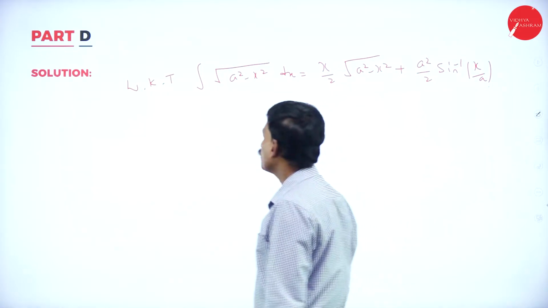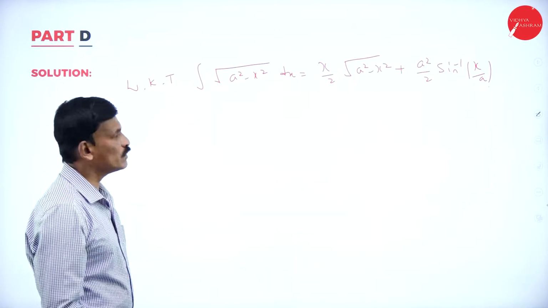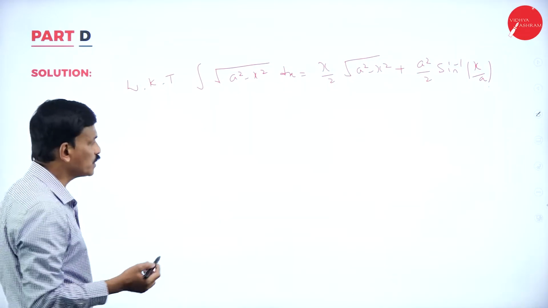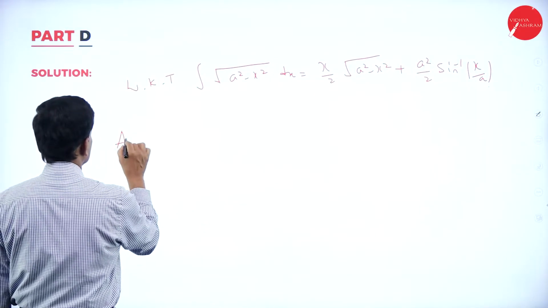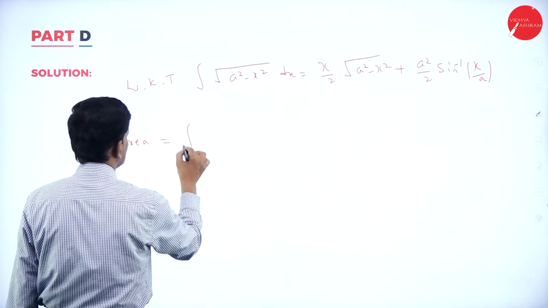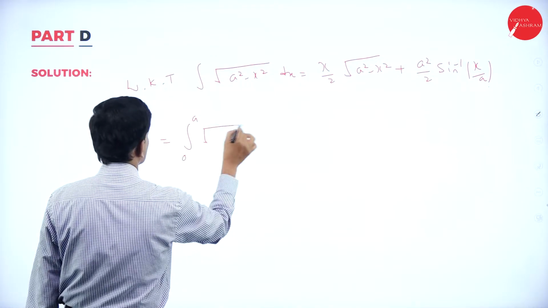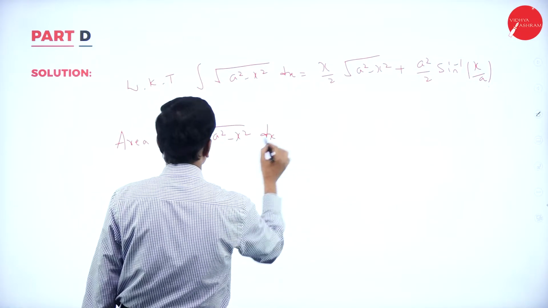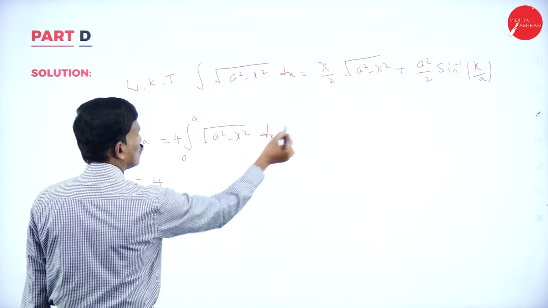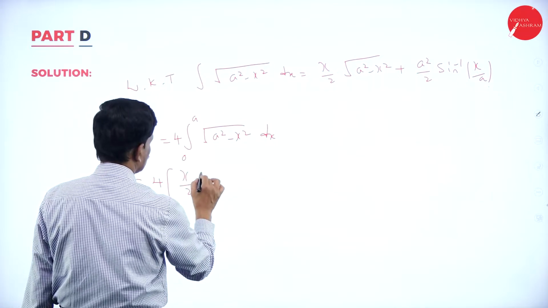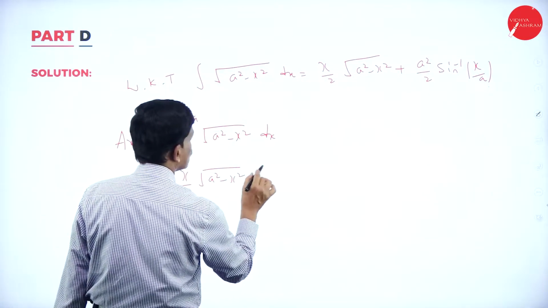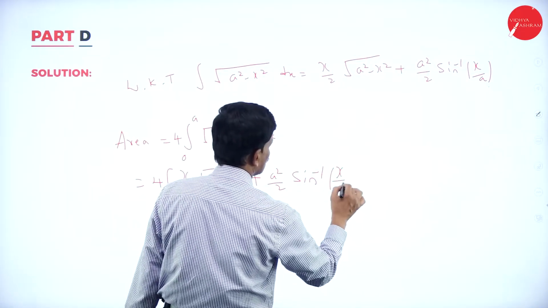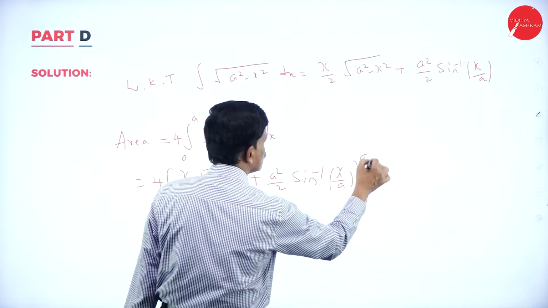Therefore the required area is integral 0 to a of 4 times root of a square minus x square dx. This is equal to 4 times x by 2 root of a square minus x square plus a square by 2 sine inverse of x by a between the limits 0 to a.